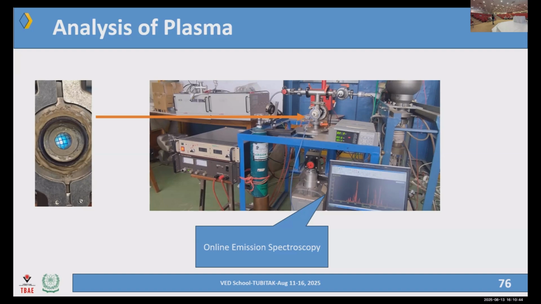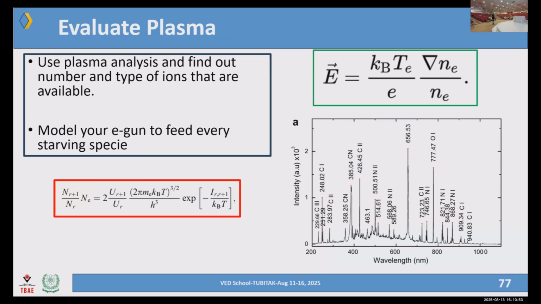So what you do, you take your light, pass it through a spectrometer and plot it here. This is a spectrum from one of our papers from 15 years back. You have a spectrum from 200 to 1100 nanometers, covering nearly UV and a bit of NIR, near infrared region.